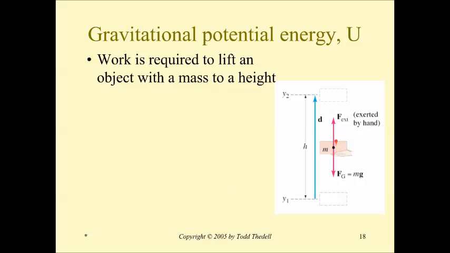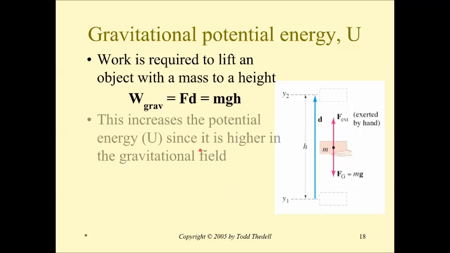If the force is exerted over this distance, then it's going to increase the potential energy. So the work opposing gravity, which is force times distance, will actually equal mg times h. If we use the h as the height, I realize that h and that d are the same thing, but I tried to match the height that way, not the picture. This increases the potential energy since it is higher in the gravitational field.